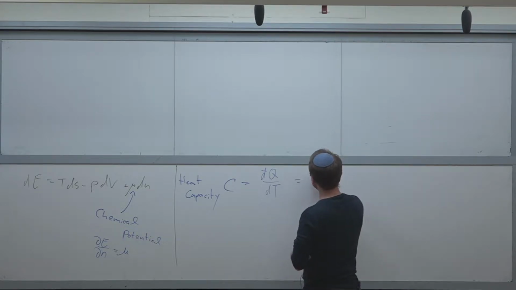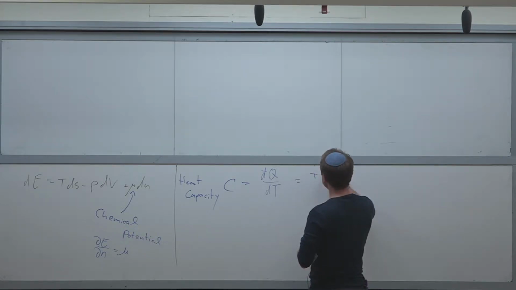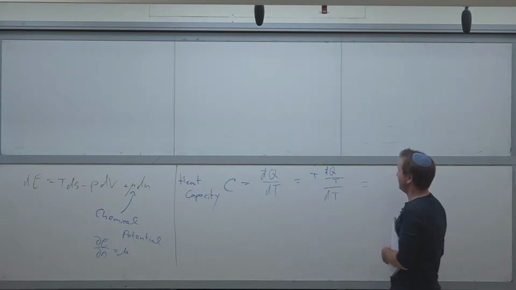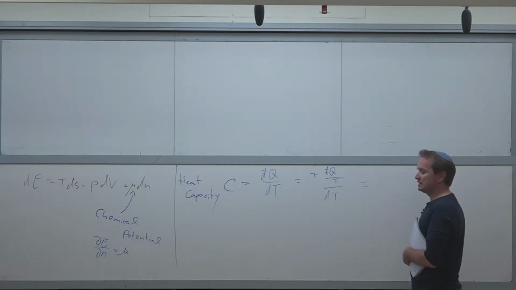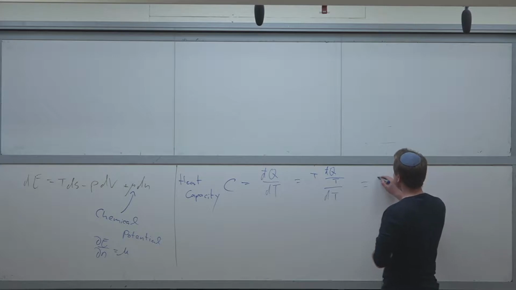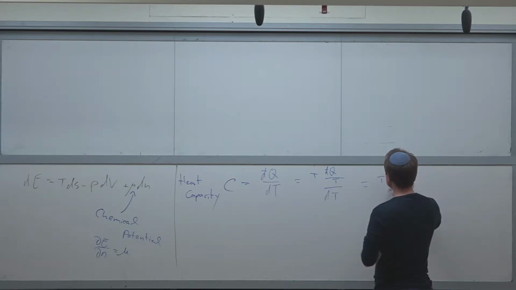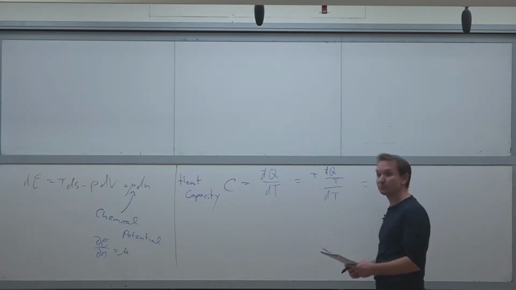We can do the following trick. We can say that this is T times dq divided by T, by dT. And dq divided by T, we can simply say that this is dS. So we have T dS by dT. Right?